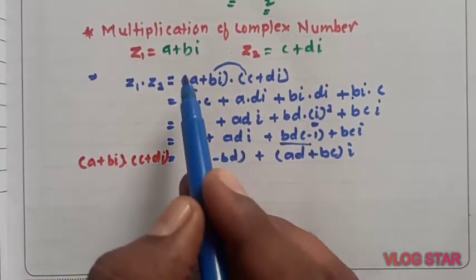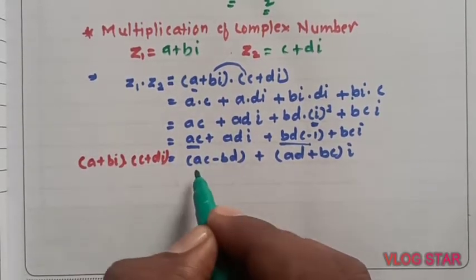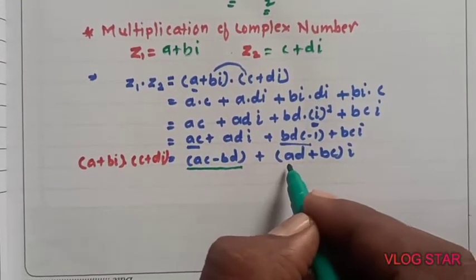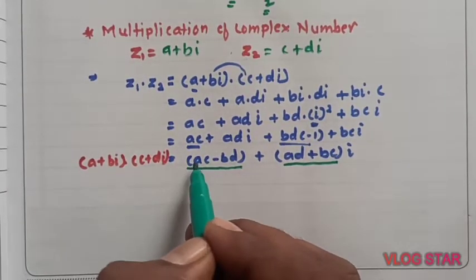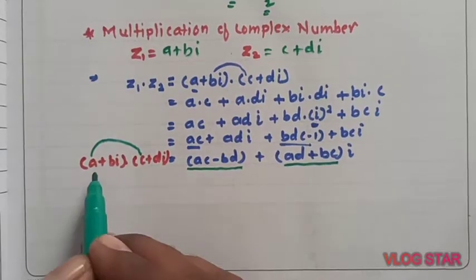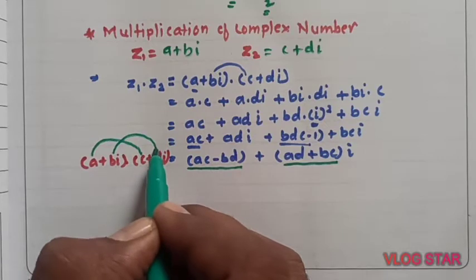Instead of doing all these steps, we can memorize this formula in short. How to memorize it? There are two parts in the answer, the real part and the imaginary part. To get the real part, we observe a into c, meaning real into real. Remember this structure. Minus b into d, meaning imaginary into imaginary.